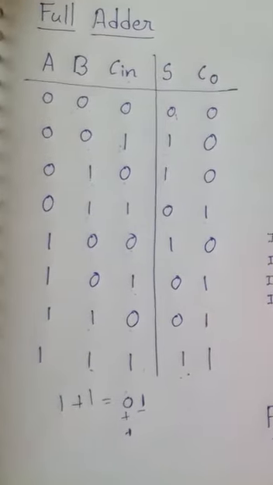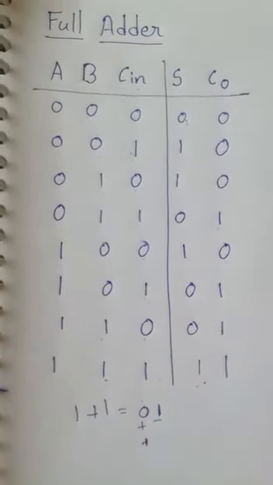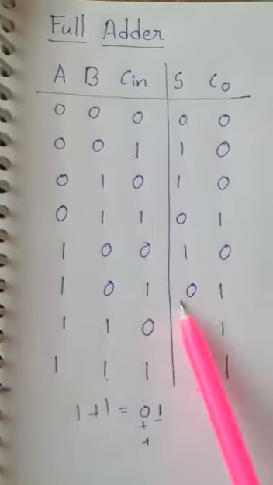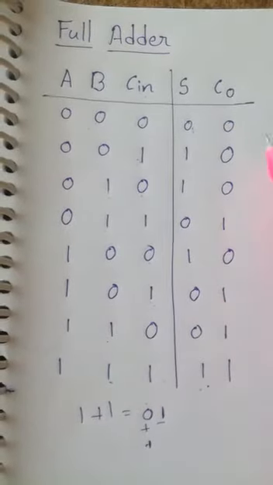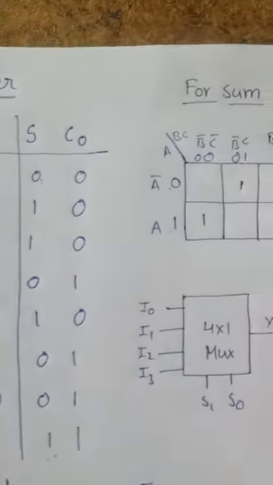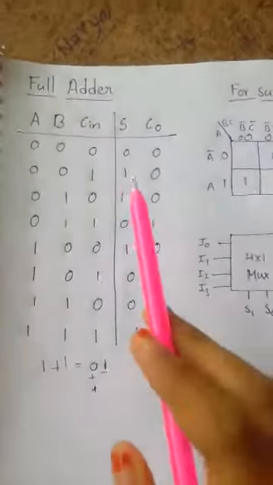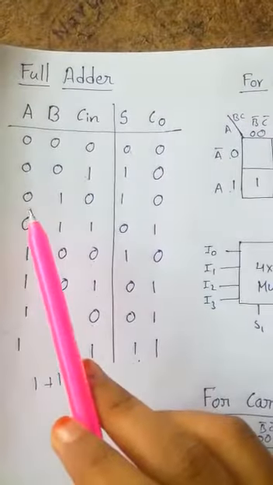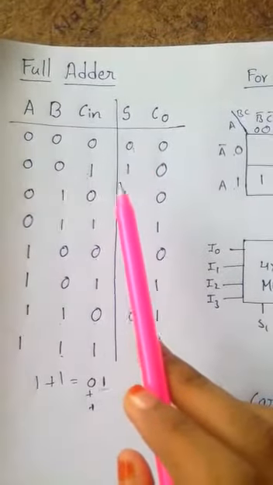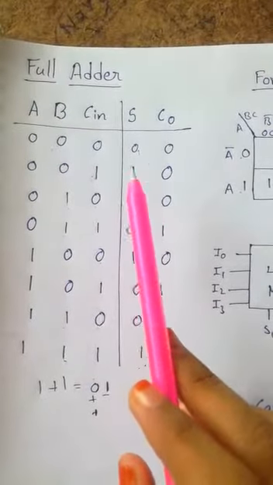Now we are going to create the map for sum and the carry. First we are going to see the sum. In the full adder, we need to see where we have got the sum as 1.